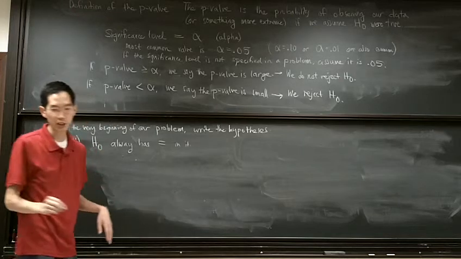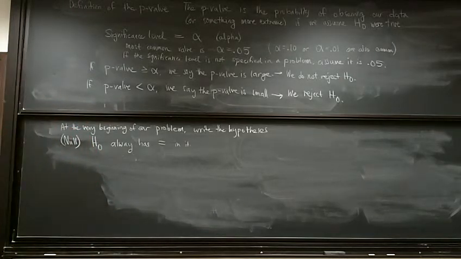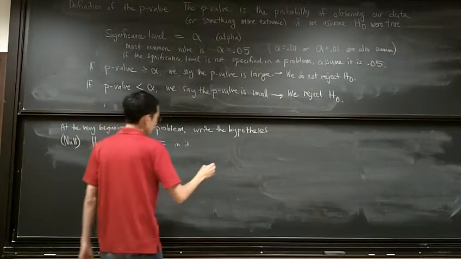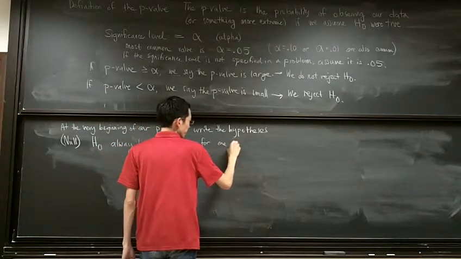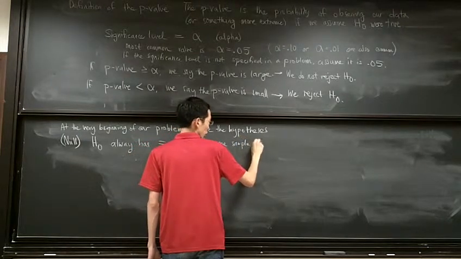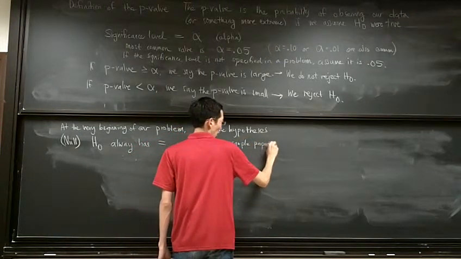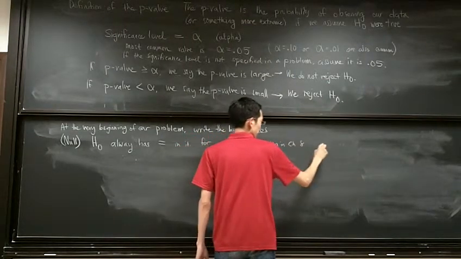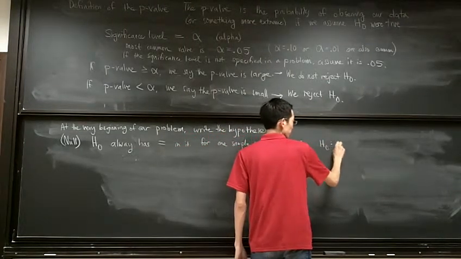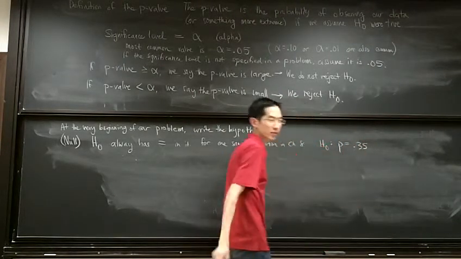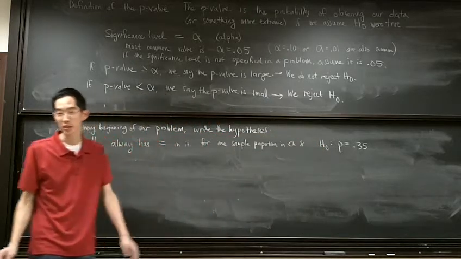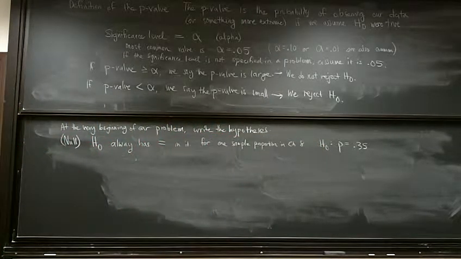And in chapter 8, when we're dealing with one sample proportion, the null hypothesis will be something like p is equal to whatever, 0.35. I'm just making that 0.35 up. It depends on what the problem says.